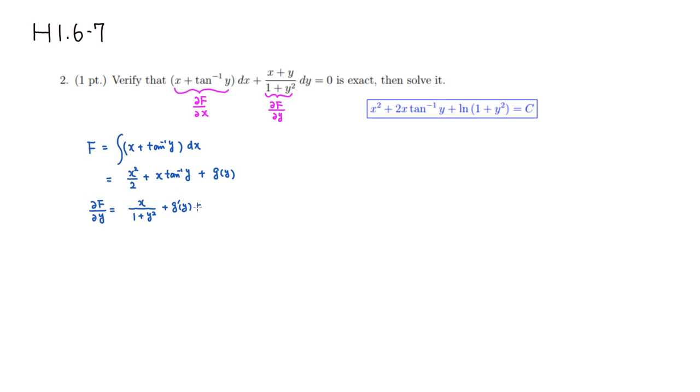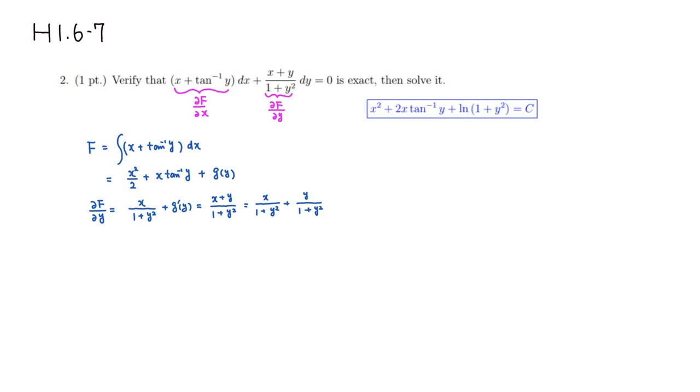And this is equal to x plus y over 1 plus y squared. If you split this into x over 1 plus y squared, and also y over 1 plus y squared, then we can get some condition for g prime.